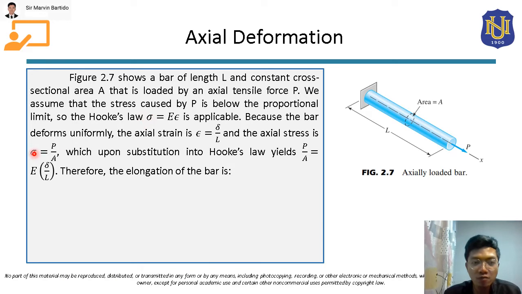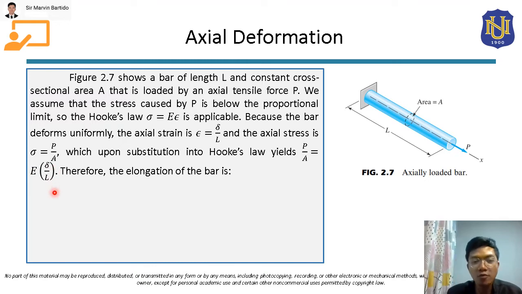The value of sigma is P over A, and then equals E times epsilon. And the formula for epsilon is delta over L. So we can generate this equation from Hooke's law by substituting the value of sigma and epsilon. So the equation here will become P over A is equal to E times delta over L.